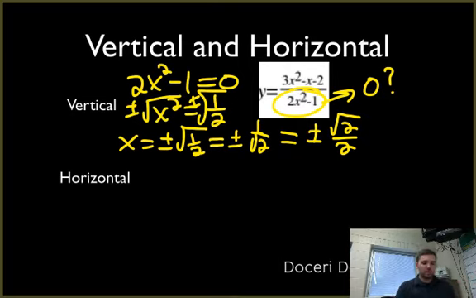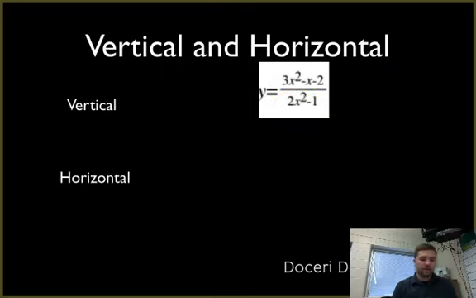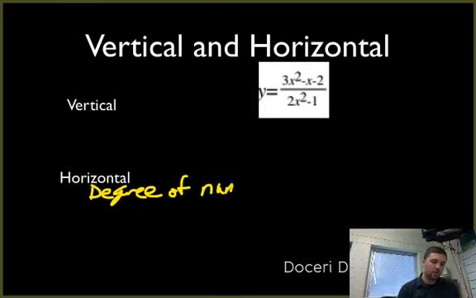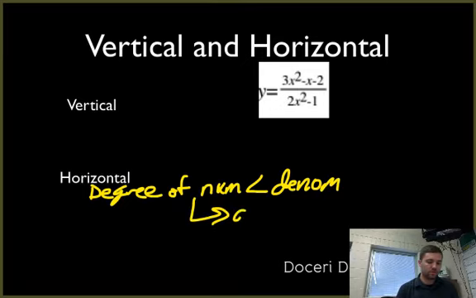Horizontal asymptotes are a little bit trickier. So let me clear my screen of the vertical stuff. Now the horizontal stuff is a little bit different. So let me give you the rules for horizontal. If the degree of the numerator, okay, so you're going to write that down, I'm going to abbreviate, is less than the degree of the denominator, then my asymptote is at y equals 0.